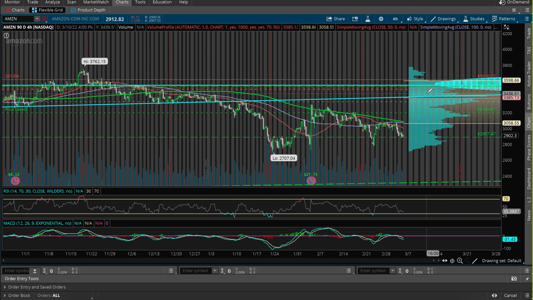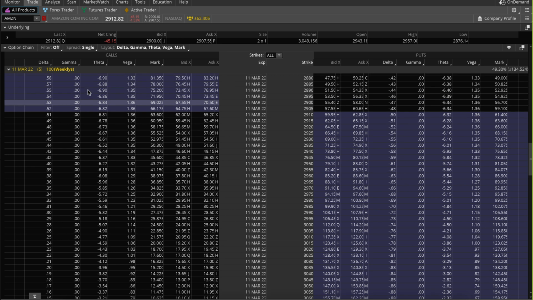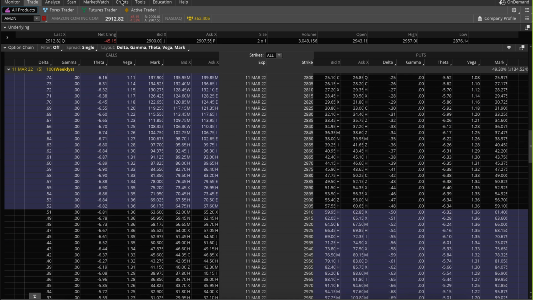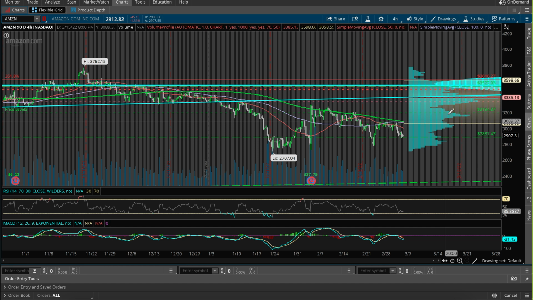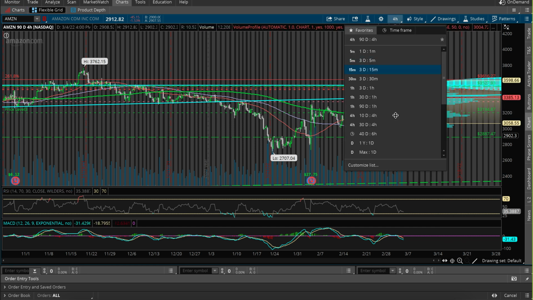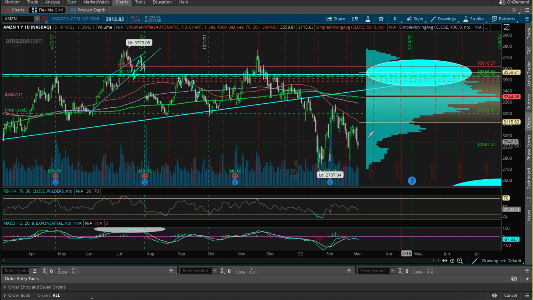So let's say we wanted to predict that Amazon was going to find some support, find buyers, and they were going to step in and push this price up by the end of this week, the 11th of March.